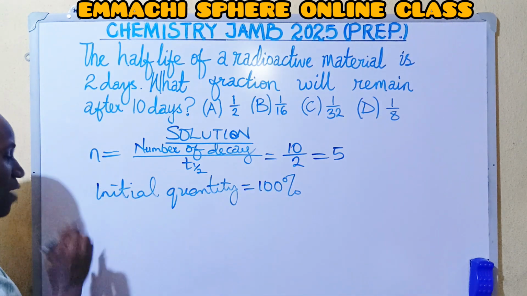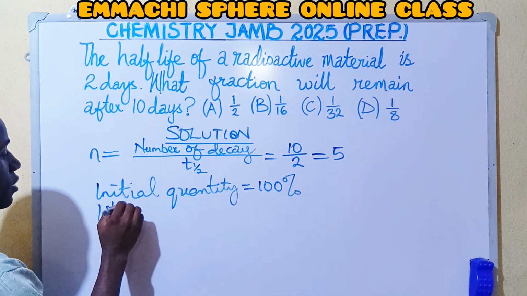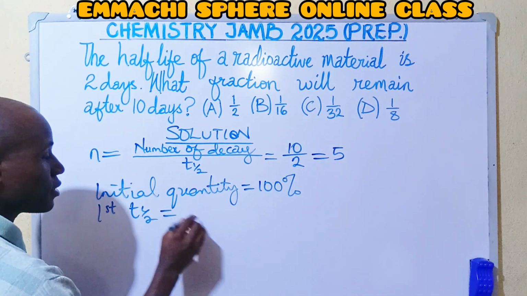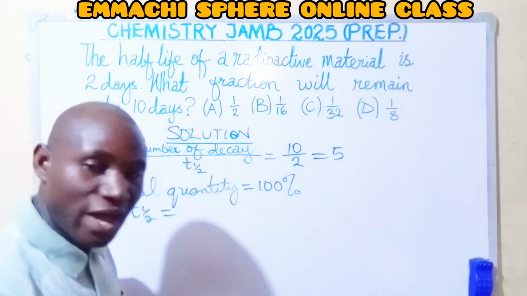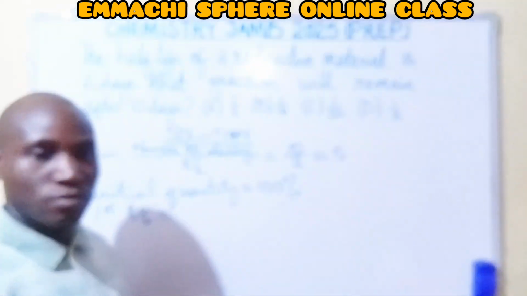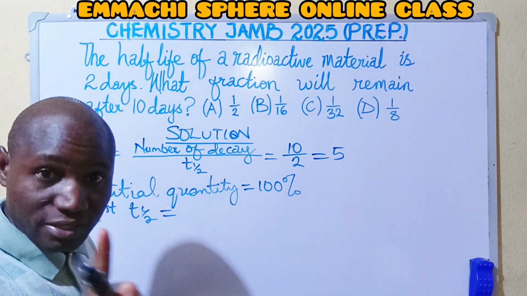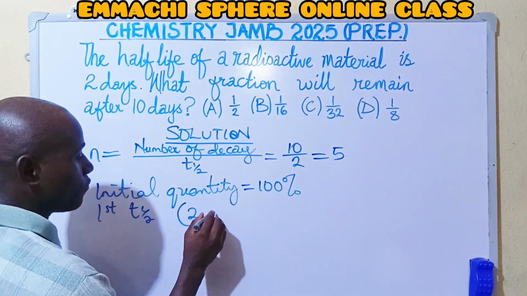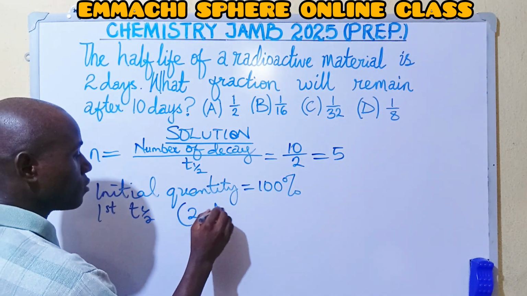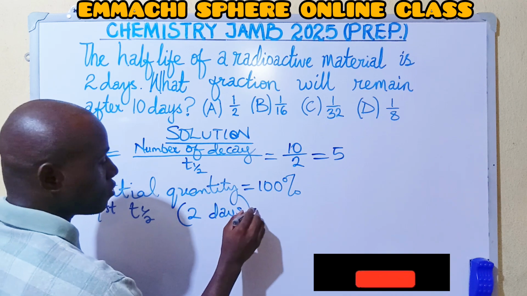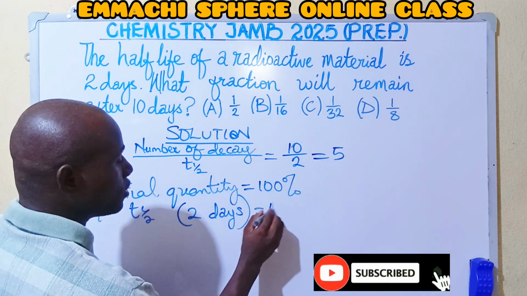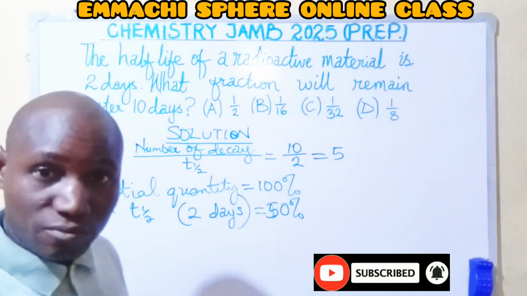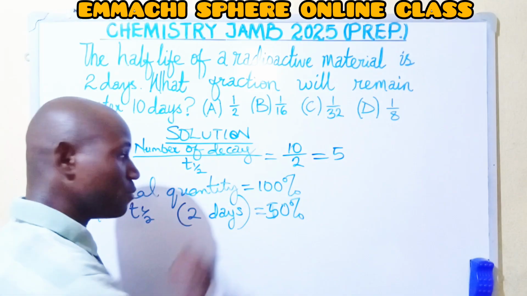So the first half-life means that this has been divided by 2, and that is for the first 2 days. The first 2 days will be 50%. That is 100 divided by 2. So we have 50%.